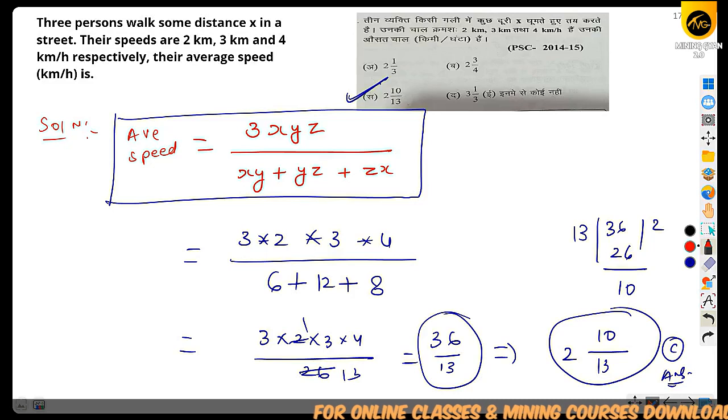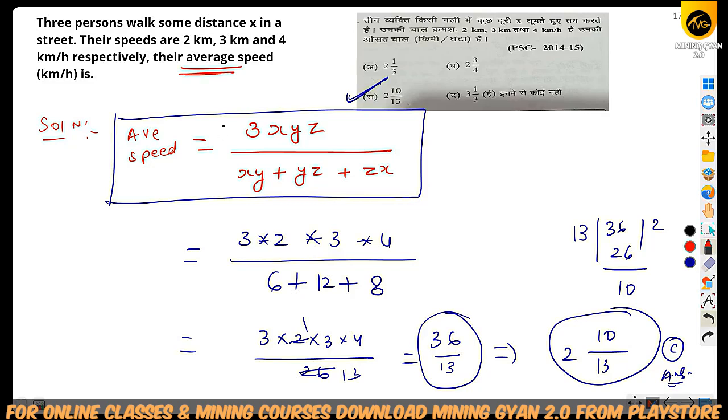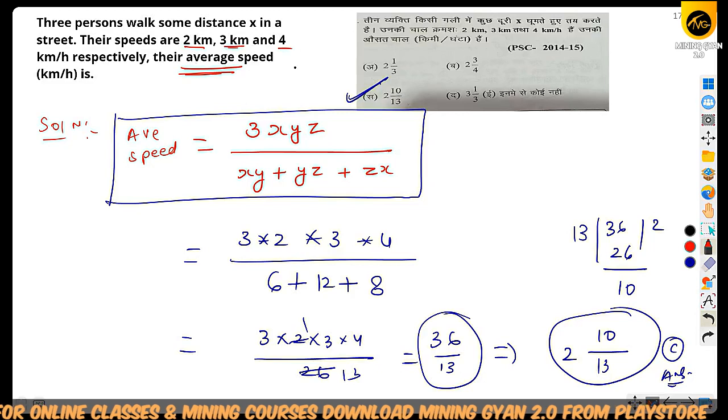Okay, let me explain once again. In this case, we have three different persons with different speeds. So that's why the formula of average speed will be modified to 3 into xyz divided by xy plus yz plus zx. We just have to put down the values of speeds of the three persons: x is 2 kilometer per hour, y is 3 kilometer per hour, and z is 4 kilometer per hour.